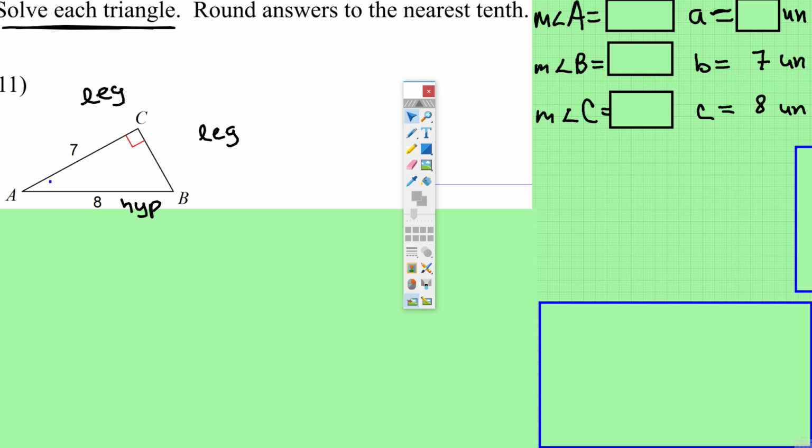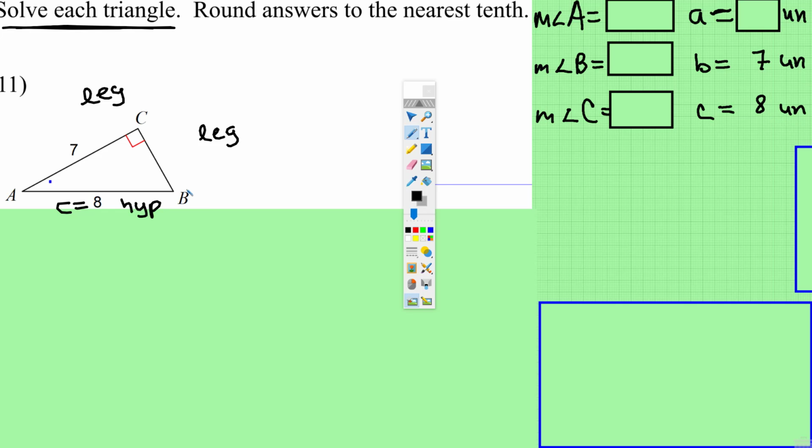So this is how you show angles. Lowercase m, that looks like a capital, but it's supposed to be lowercase m, angle A. That means the measure of angle A, and the angles are in uppercase form, and then the sides are in lowercase form. And then you put what you know. So we know that the side opposite, side c, is the hypotenuse, and that's 8 units.